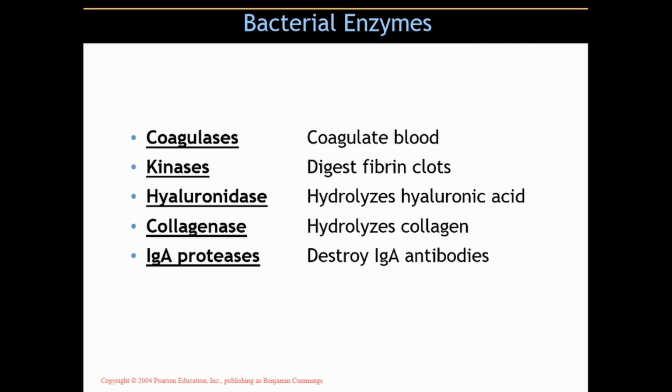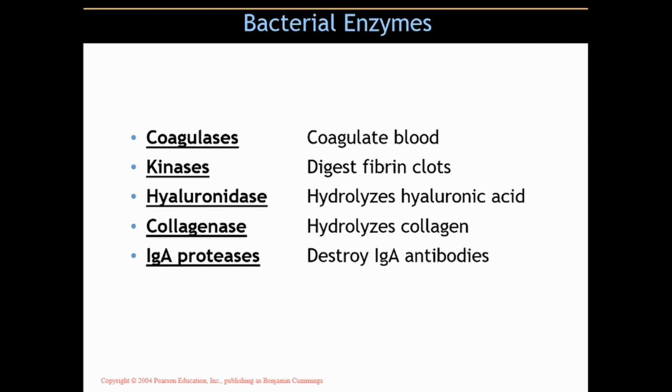Hyaluronidase is an enzyme that breaks down, hydrolyzes, hyaluronic acid. One that's notorious for this would be the flesh-eating bacterium, group A Streptococci. They have hyaluronidase, and they can break down hyaluronic acid in the connective tissue. That can then lead to cellulitis, and if let go, in extreme cases of course, you have necrotic tissue and necrotizing fasciitis.